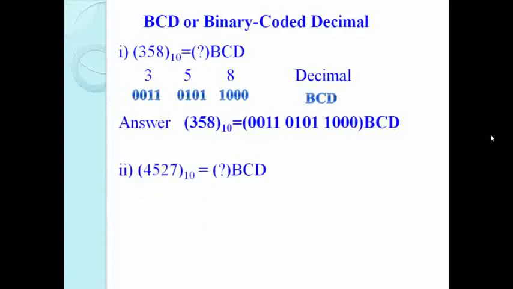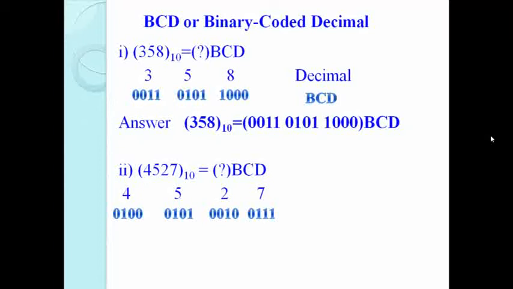Now one more example. 4527 decimal, and convert this decimal into equivalent BCD. 4 is 0, 1, 0, 0. 5 is 0, 1, 0, 1. 2 is 0, 0, 1, 0. And 7 is 0, 1, 1, 1.